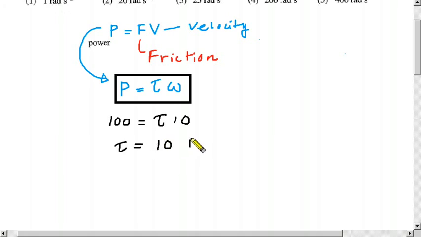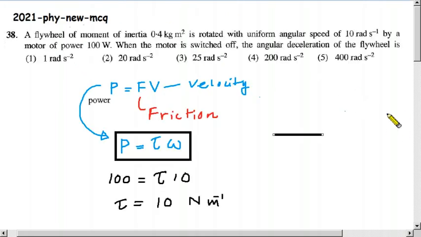What are the units? Newton meter, because tau is what? Tau is the force times the distance d.